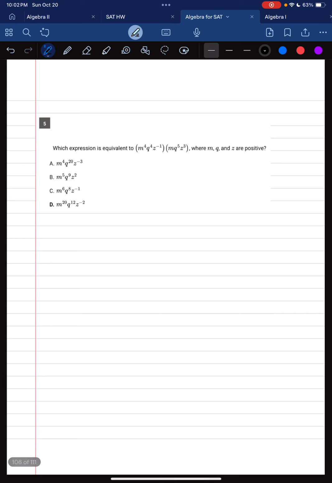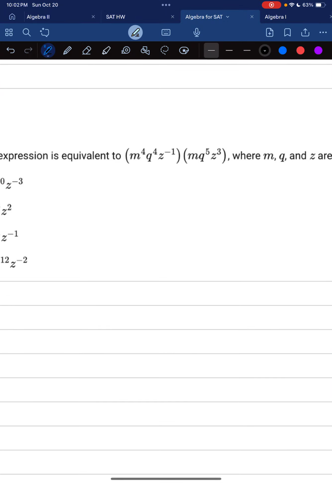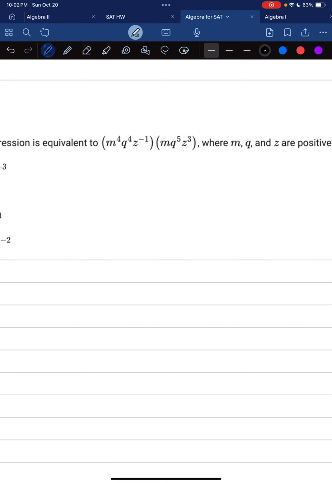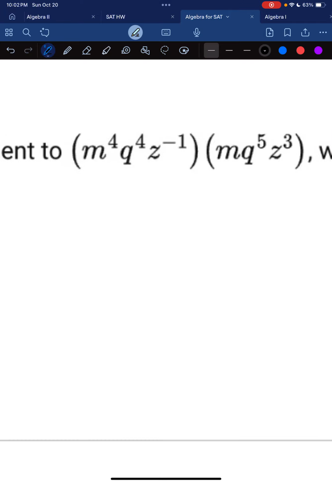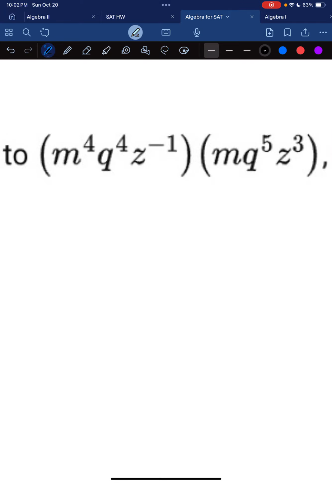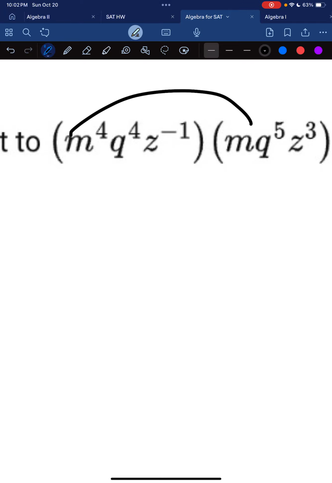Okay, now let's take a look at an example from an SAT practice test. It says, which expression is equivalent to m to the 4th, q to the 4th, z to the negative 1 times m q to the 5th, z to the power of 3. So what we need to do here is just multiply each one, right? So m to the 4th times m is going to be m to the 5th.